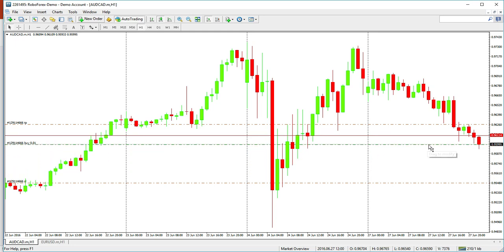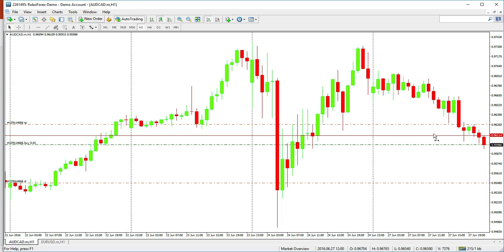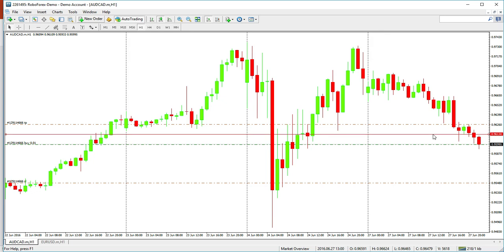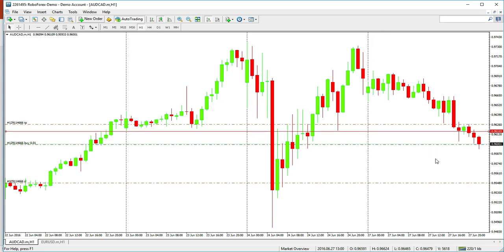After that, with every 1 pip the market moves upwards in your favor, it will keep moving your stop loss upwards. If the market comes down, it does not bring the stop loss down, it stays where it was.